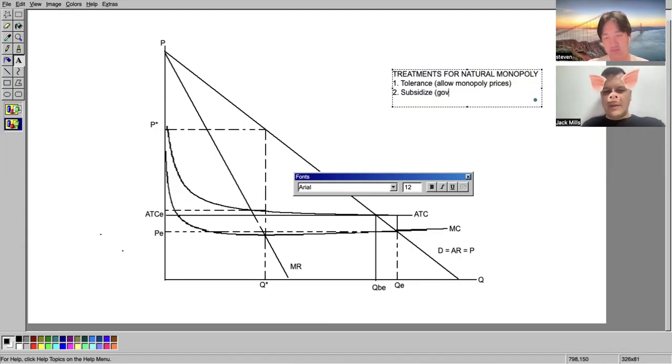And so the subsidy would be the area. What area would that be? They would subsidize the area ATC to ATQE, where's the allocative point, break even point? So it'll be like here, but it would be just the top rectangle. It would be PE to QE. So let's just note that.